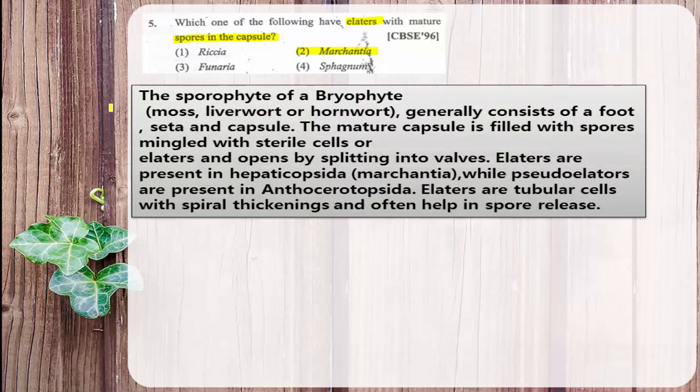The presence of elaters, the spiral structures which help in the release of spores by dehiscing the capsule, is observed in Marchantia, and Marchantia is a member of liverworts, which belong to bryophytes.